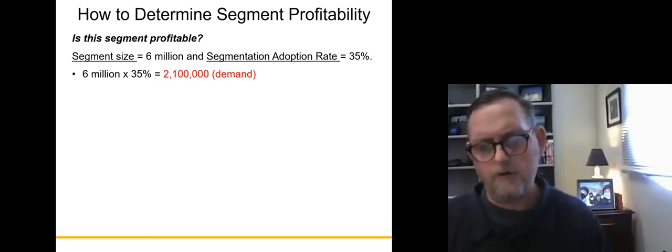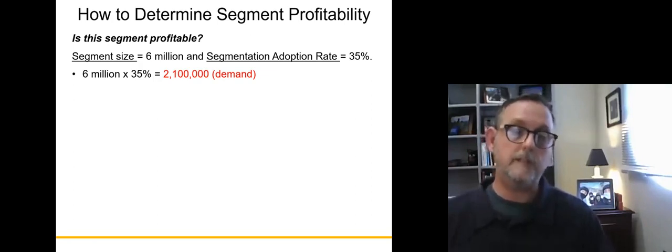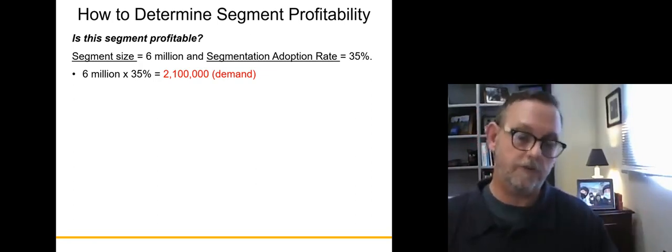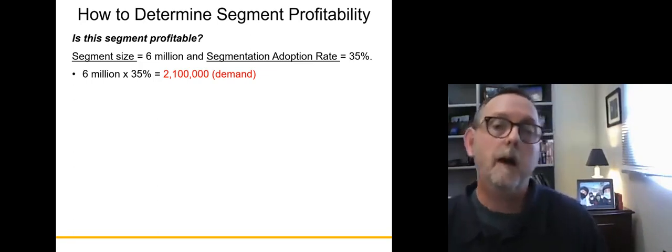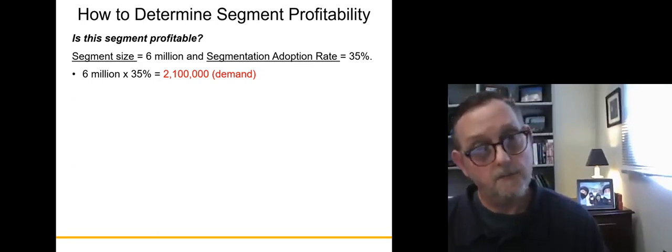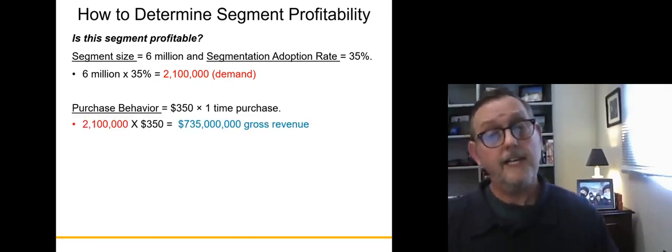My version of the cell phone is probably for the whole industry. So 2.1 million, in this case, seems like it would be the total number of units sold for the industry. Again, it's kind of how you define that adoption rate number, but we take our segment size by the adoption rate and we get demand.